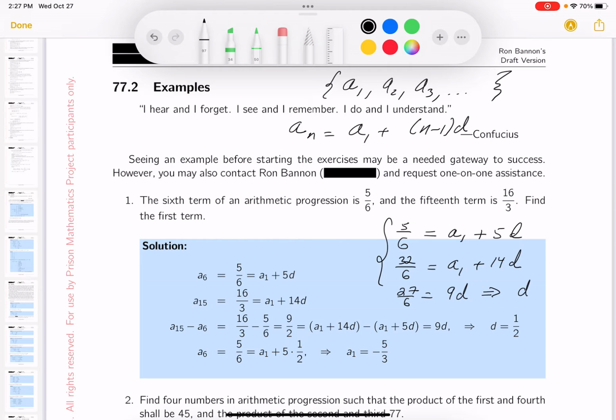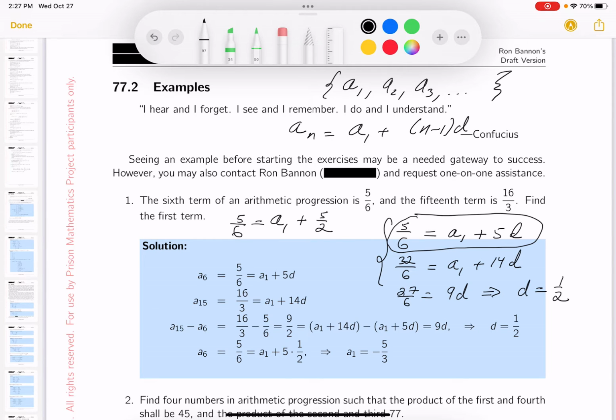What's d going to be equal to? Well, 9 goes into 27 3 times, and 3 goes into 6 2 times, so d is a half. All right. Now, the question is, they want you to find the first term. So let me use this equation here to find A1. So what do you get? 5/6 equals A1 plus 5 times d, which would be 5/2, right?